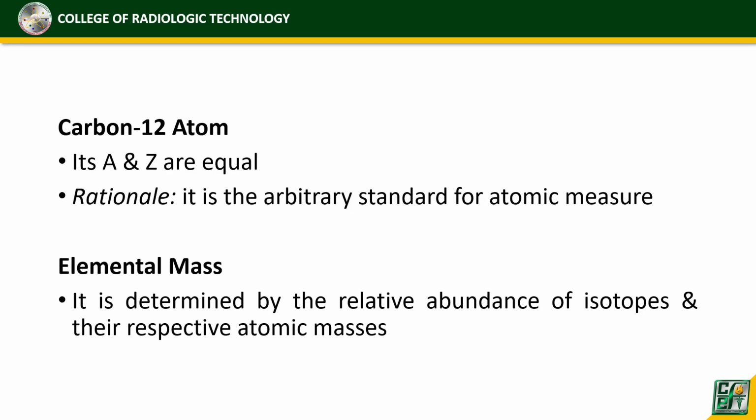Okay, then elemental mass, it is determined by the relative abundance of isotopes and their respective atomic masses. Ano po ba ang isotope? Have you heard the word isotope sa inyong RT100? Nadaanan niyo ba yung salitang yan sa inyong RT100, isotope? Hindi pa po.